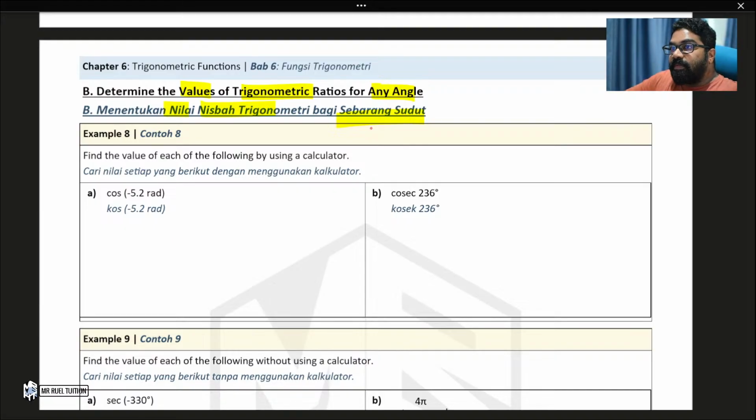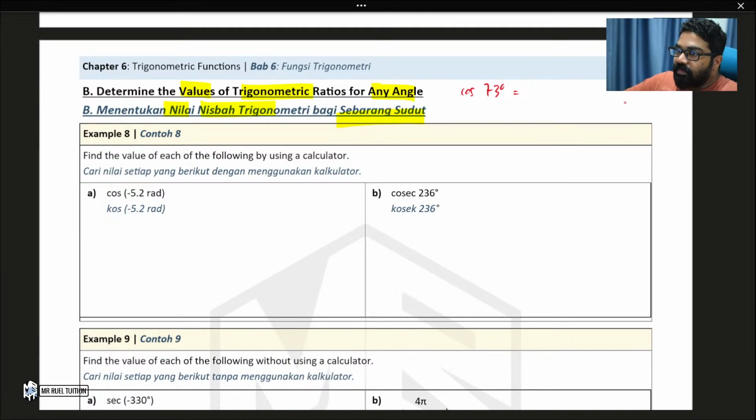So before this class, in lower secondary, you will have learned this. For example, if I ask you what is cos 73, what will you do? Tekan dalam calculator. Cos 73 equals to what?